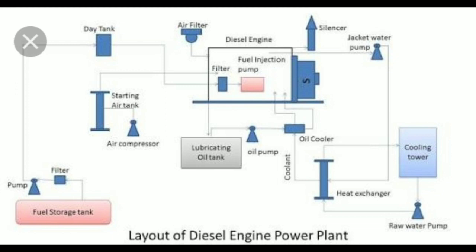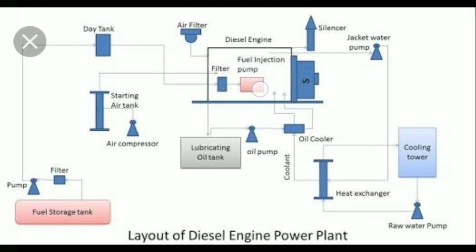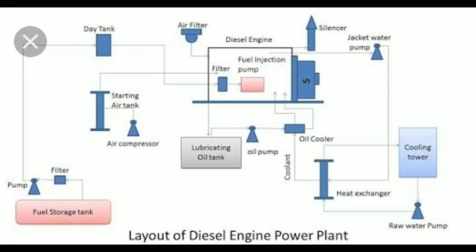Here we can see the lubricating oil. This is the diesel engine cycle. Actually, the cooling system is there, a water cool and oil cool system. From the fuel storage tank we can supply day-wise fuel to the diesel engine, so a day tank is available there. As we know, the diesel engine requires compressed air, so an air compressor is also there for the air supply.